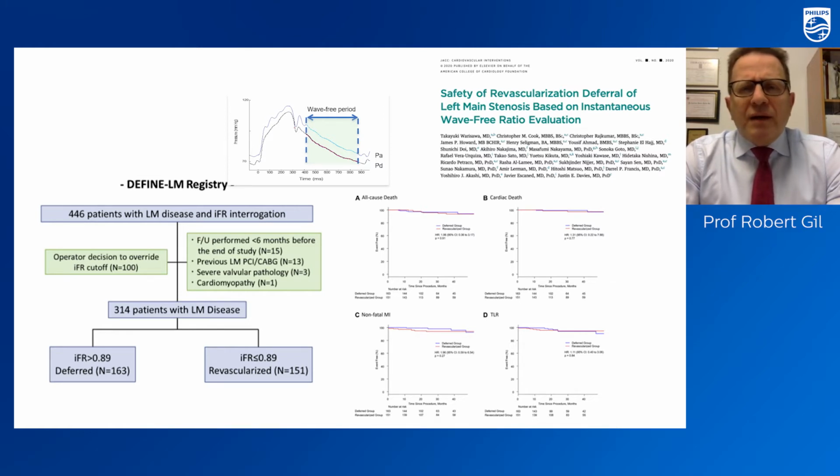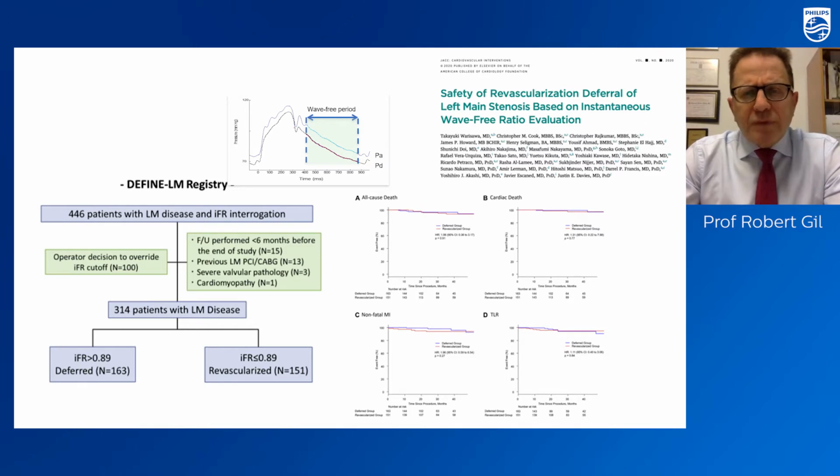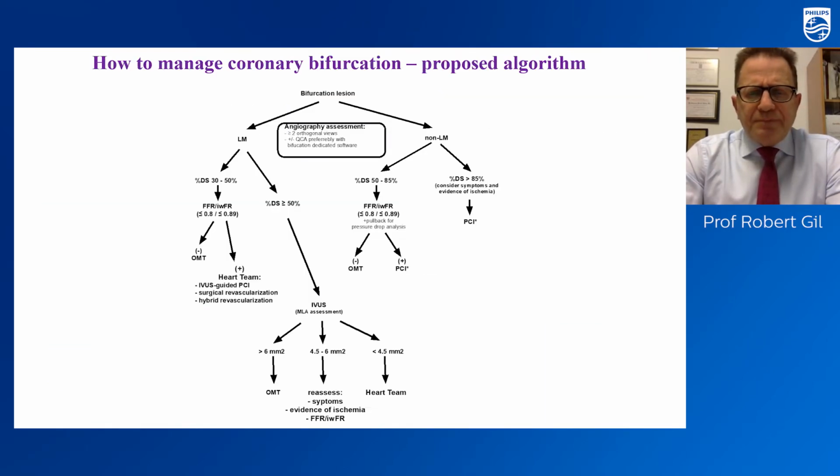So FFR assessment for such very complex atherosclerosis is not so easy, and we have many doubts whether the left main is involved or not, whether it is significantly stenosed or not. With iFR, especially with a scout pullback procedure, we can measure this quite easily.